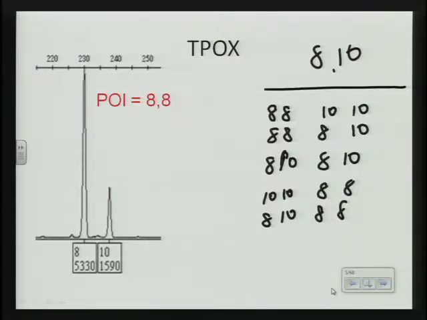What am I missing? 10, 8, 8, 10. Oh, the 10, 10s. 10, 10, 8, 10, and there should be one more for a 2-person one. Yeah, 8, 10, 10, 10.